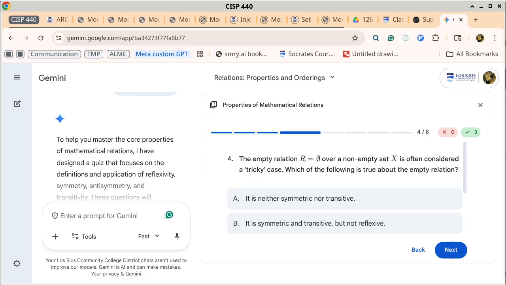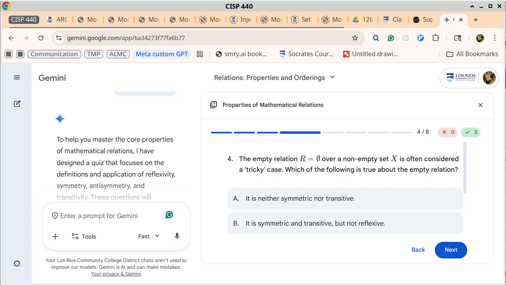And then the empty relation R, R being an empty set. This is the empty set symbol that we talked about a few times. I typically do not use it, but the AI knows about it and decides to use it. The empty relation over a non-empty set X is often considered a tricky case.